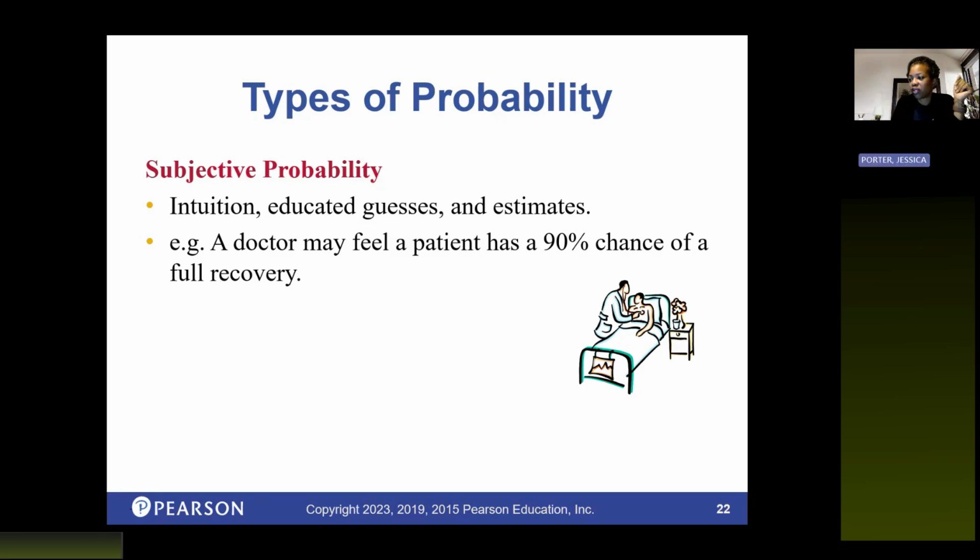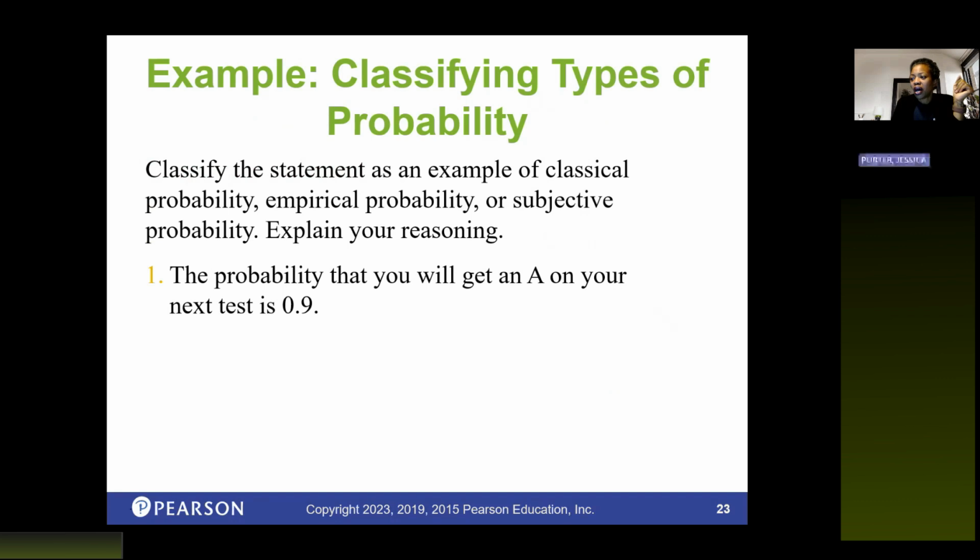Here's one: a doctor may feel a patient has 90% chance of a full recovery. That will be an example of a subjective probability. What about this one? The probability that you will get an A on your next test is 0.9. What do you think? Do you think that's subjective? Classical or empirical?